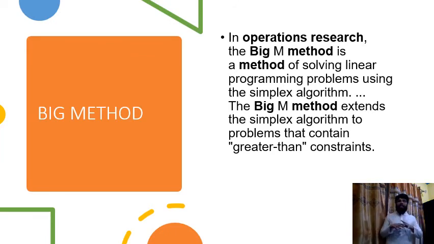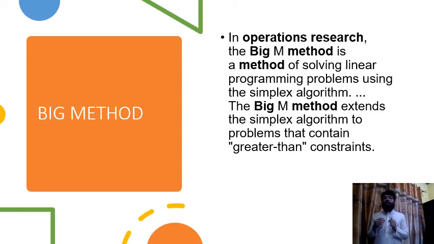Now this is the big M method. What is the big M method? In operations research, the big M method is a method of solving linear programming problems using the simplex algorithm.